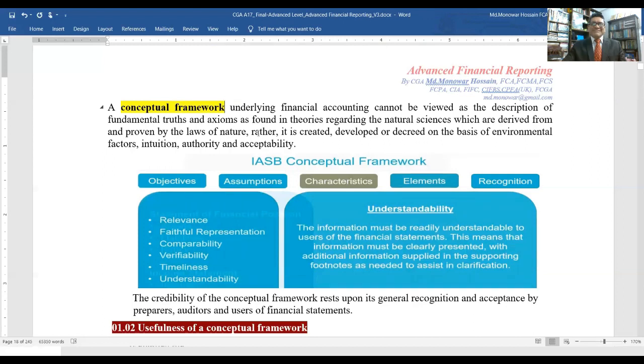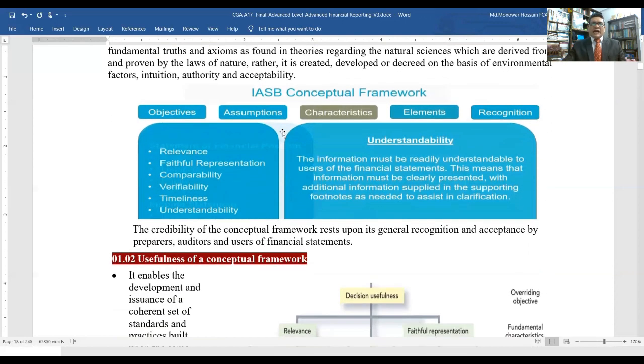Rather, it is created and developed on the basis of environmental factors, illustration, authority, and acceptability. The IASB conceptual framework covers the objective, assumptions, characteristics, elements, and recognition: relevance, faithful representation, comparability, verifiability, timeliness, and understandability.